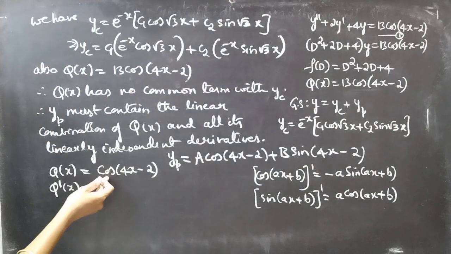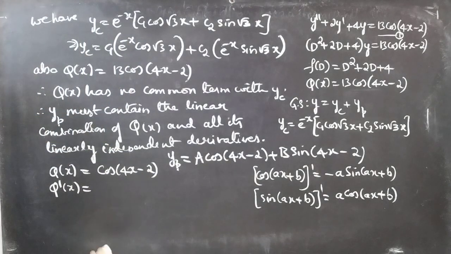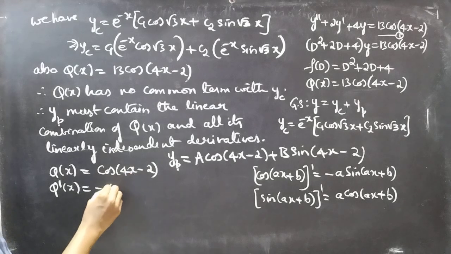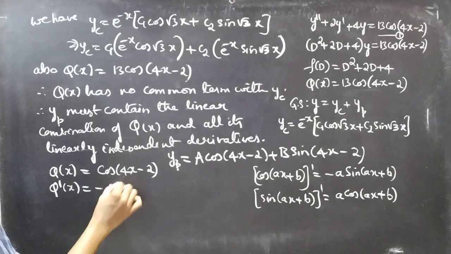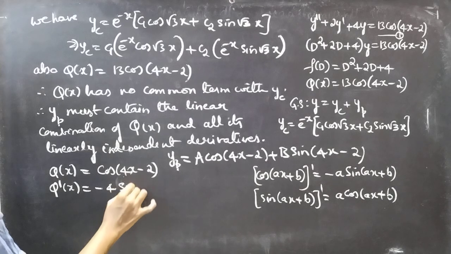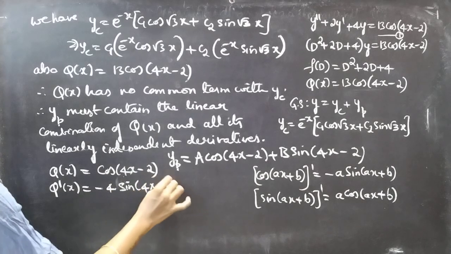Fine. Now q dash of x is minus 4 sine of 4x minus 2.